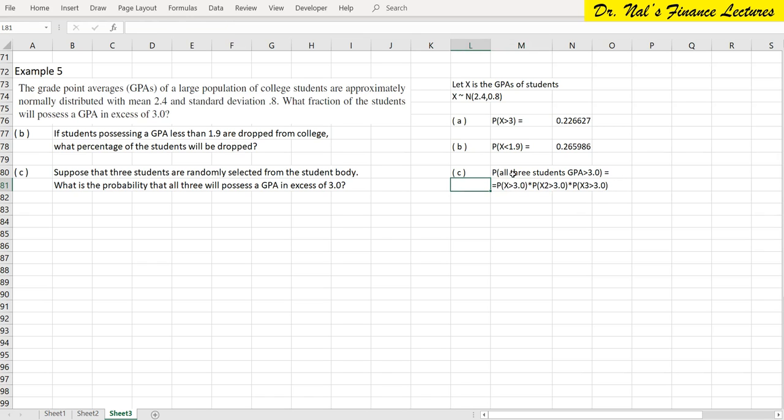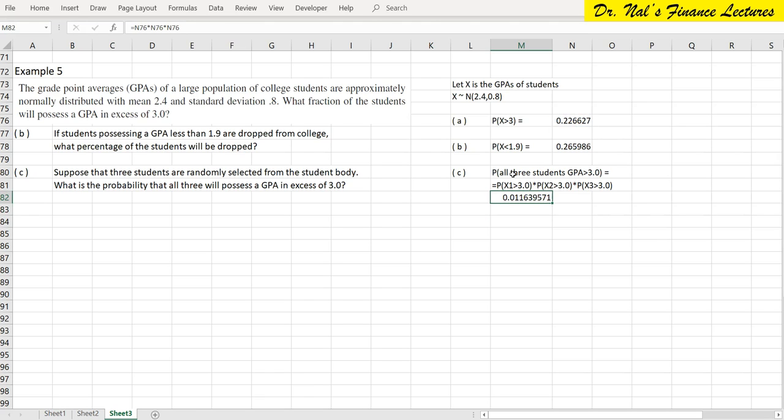Does that make sense? Let's write that. This is student 1 greater than 3.0, student 2 greater than 3.0, student 3 greater than 3.0. That's just this probability times the same probability times the same probability.